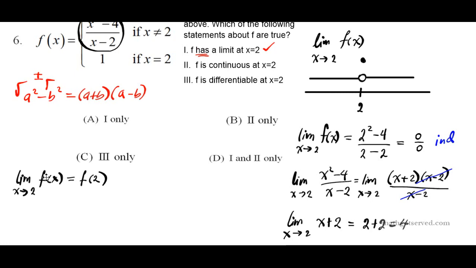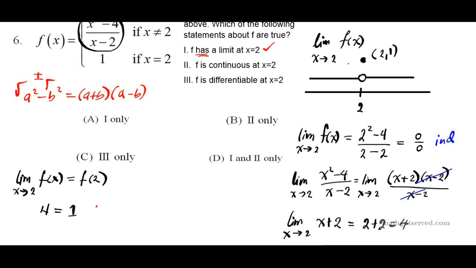So if the limit as x approaches 2 is equal to the value of the function at x equals 2, then the function is continuous. What is the limit as x approaches 2 of this function? We already determined it in part 1 as 4. Is 4 equal to f of 2? F of 2 is that point there, the point 2 comma 1. F of 2 is equal to 1. Is this statement true or false?